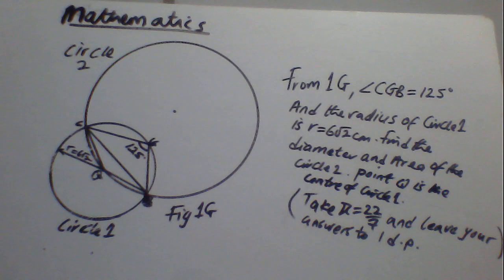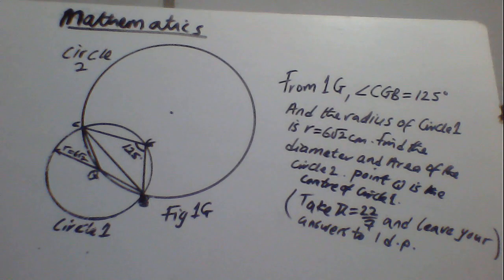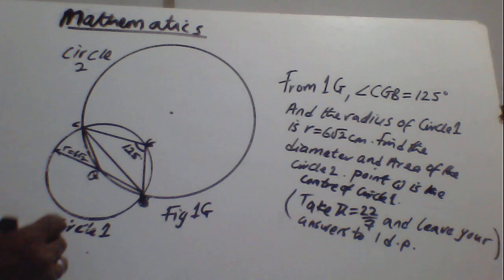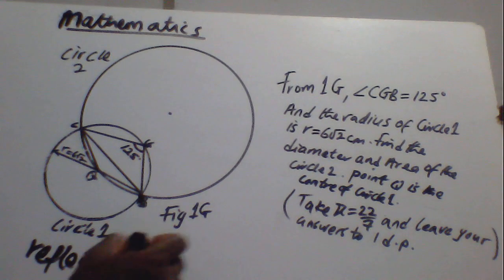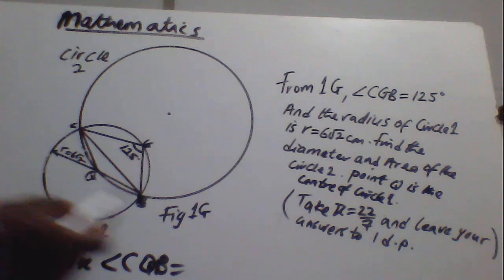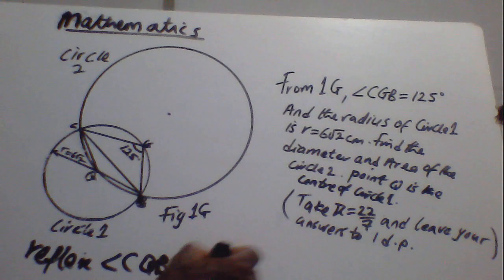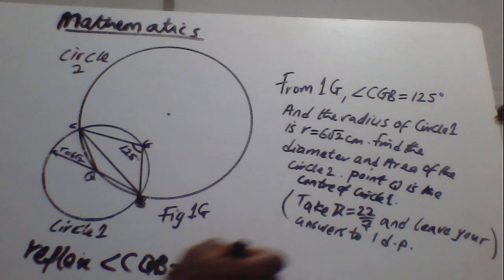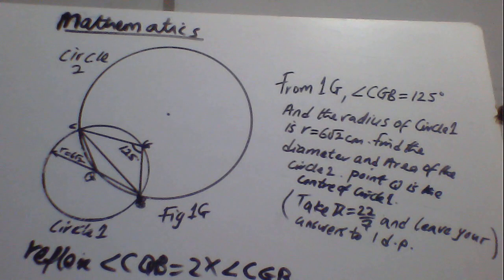Once you have done it, the next thing is to solve it considering circle 1. So you have to know that reflex angle CQB is equal to 2 times angle CGB.